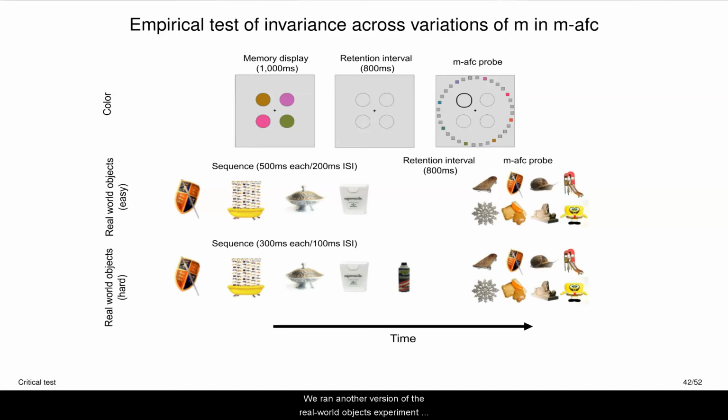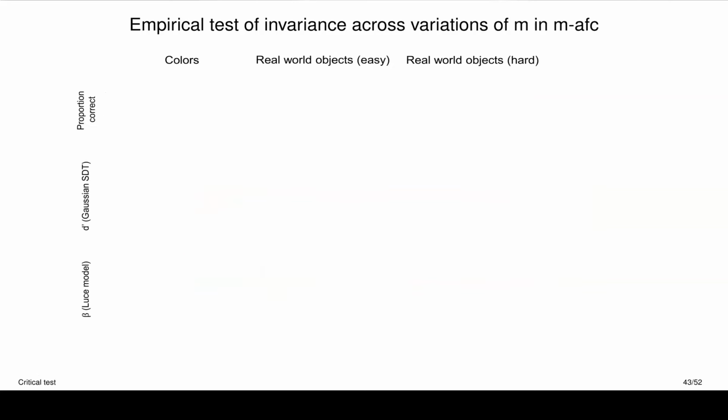We ran another version of the real-world object experiment that we made more difficult by increasing the number of objects in the sequence and decreasing encoding time. We ran this additional experiment to ensure that we could replicate our results across a range of task difficulties. So for simplicity, I'll refer to these as the easy and hard versions of the real-world object experiments. These are the experiments, and next I'll show you the results.